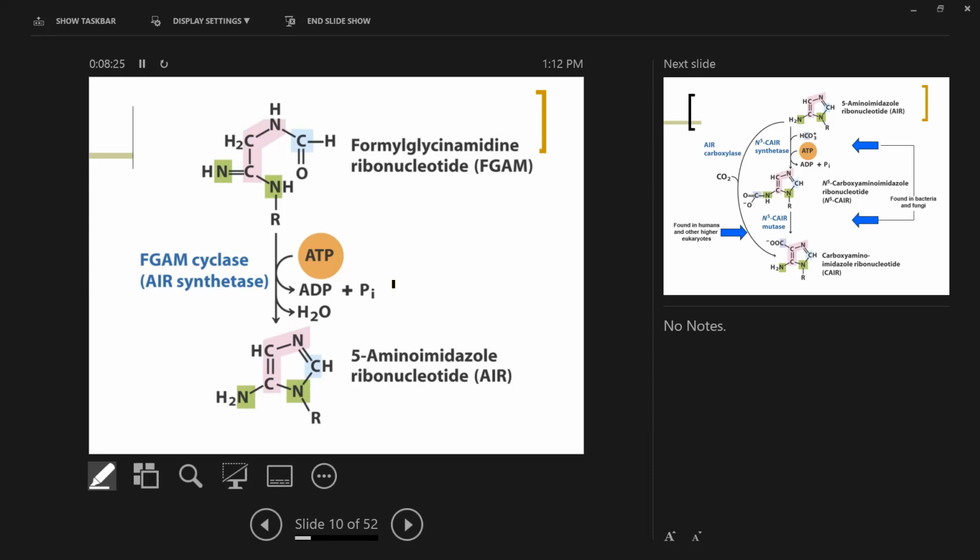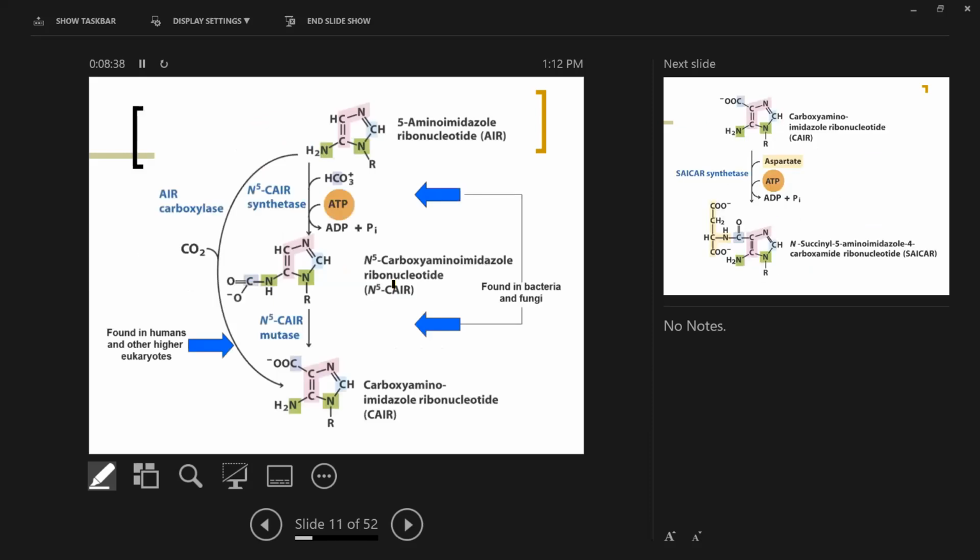All right. Now we've got a difference between bacteria and fungi and metazoans. So in the conversion of 5-amino imidazole to carboxy-amino imidazole ribonucleotide, we have a difference.